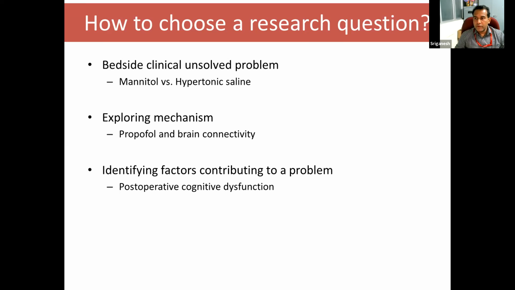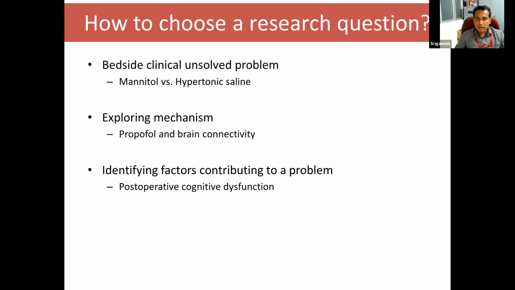And you go and find literature that for the particular patient population you are addressing, there is not much literature which says one or the other is superior in its efficacy or in terms of side effects. So you plan to compare these two in your particular population. So that's how a research question arises.